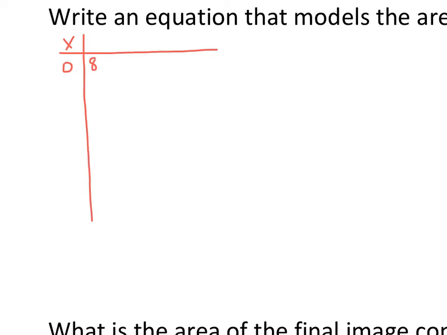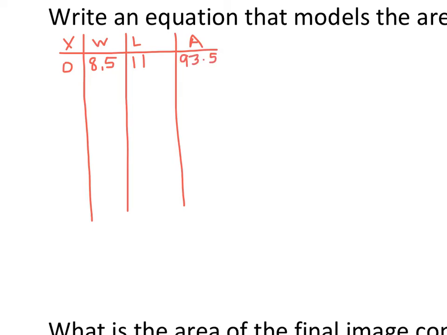The length and the width was 8.5 and 11. Actually, we'll call this width and length. We're concerned about the area, so we're also going to find the area. It is a rectangular piece of paper, so 8.5 times 11 is 93.5.